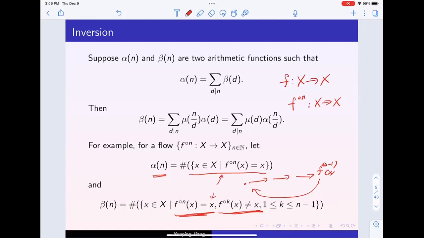Usually these alpha n are easy to calculate, but beta n is not. So now you can use this inversion formula to calculate the beta n. But most of the time, when we study the so-called dynamical zeta function, we need to put beta n into this formula. That is the first time I really used the Mobius function in my study.